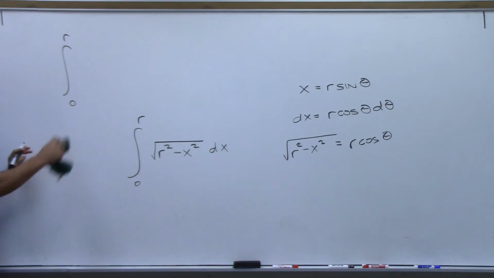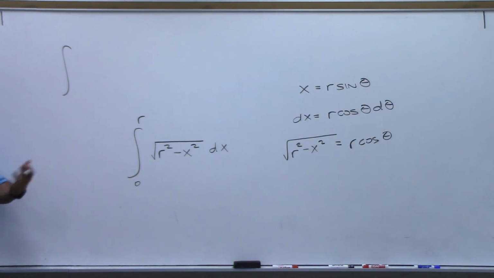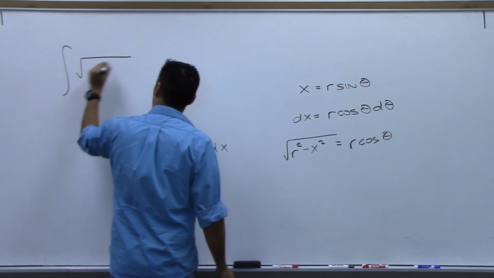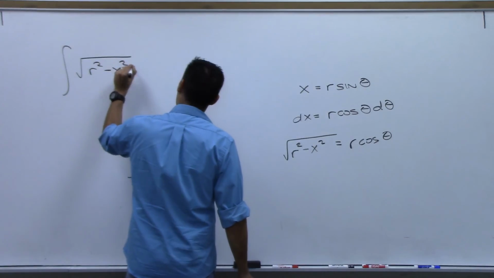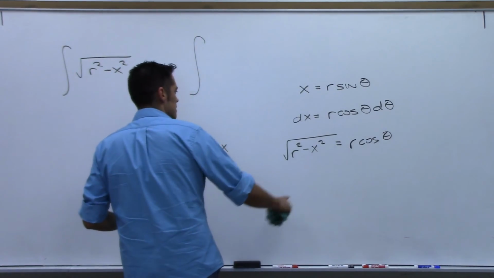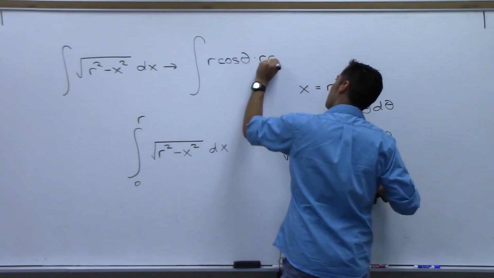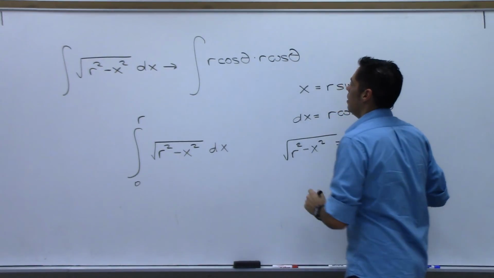You know what? Let's do this. Take these limits off because we're just going to find the antiderivative first. We'll come back to the definite integral after we're done with our integration. This turns into the integral of r cosine theta times r cosine theta again, d theta.